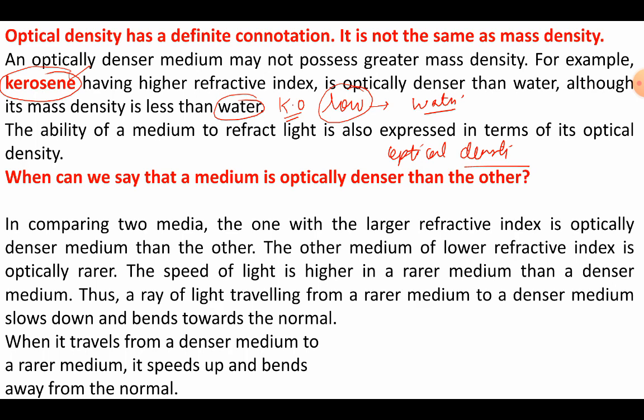In that table, the value of refractive index for kerosene oil is given as 1.44, and in the same table, the value for the refractive index of water is given as 1.33. So just by comparing the values of the refractive index, we get to know that kerosene oil has high optical density. Okay, so from this we get to know that mass density and optical density have no relation with each other. These two are independent of each other.